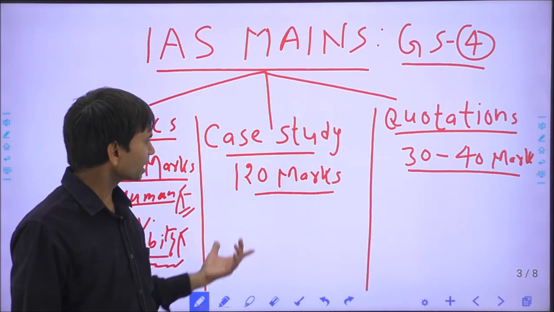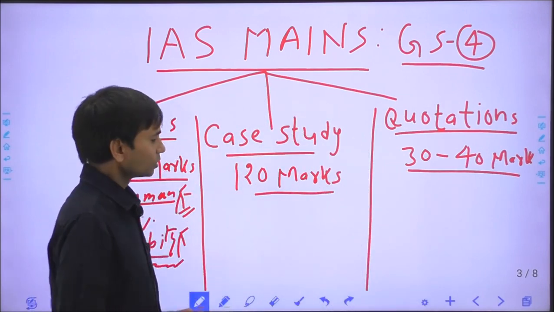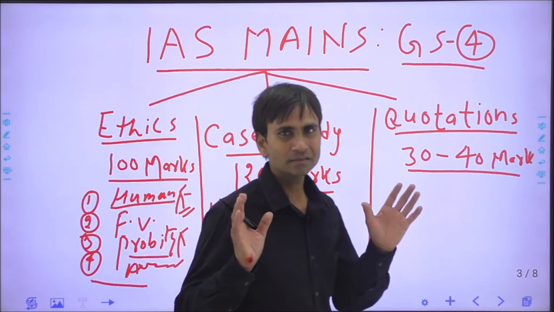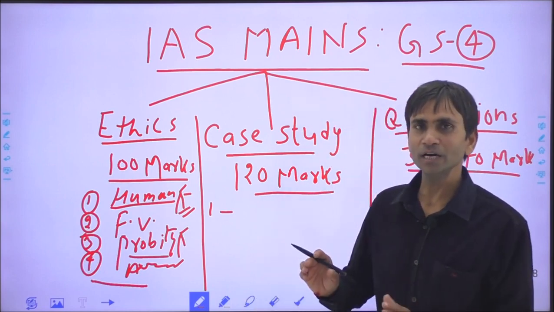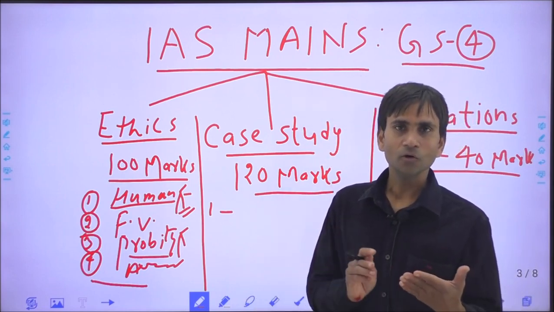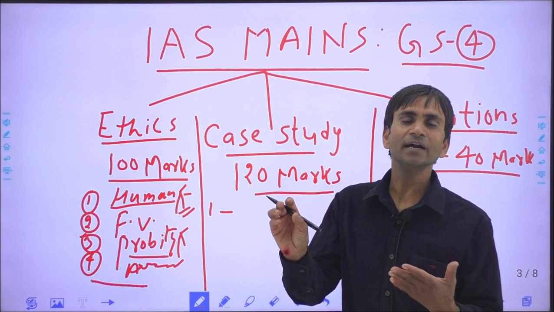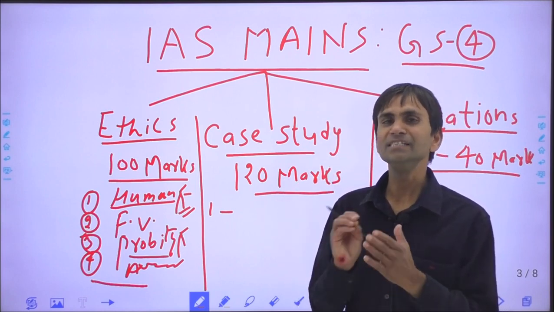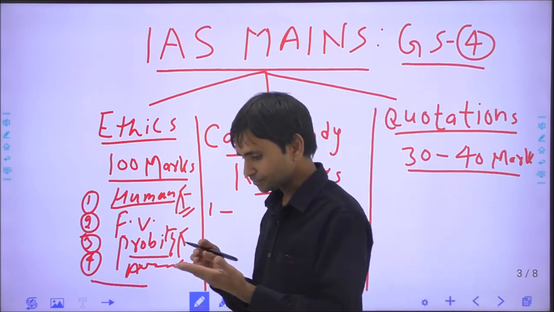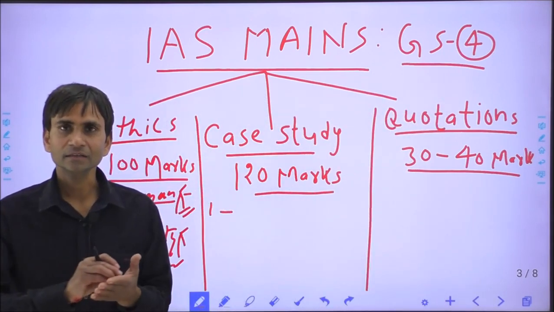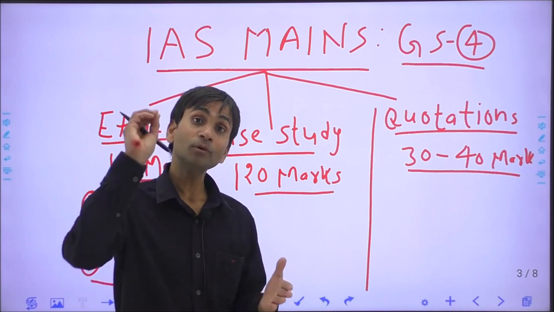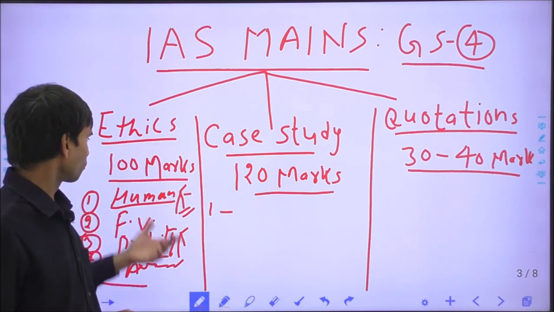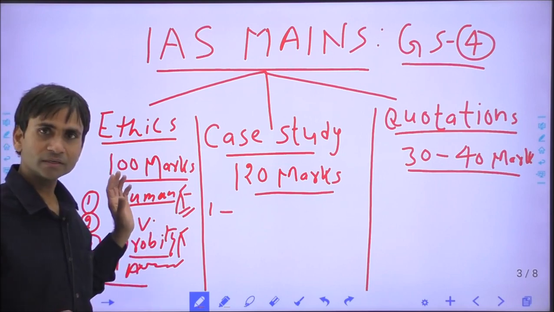When you are solving any case study, first you have to diagnose the matter or incident. Generally in the question paper, a paragraph or incident of 200 or more words is mentioned, and after analyzing this incident, first you have to diagnose what kind of ethical issues it is related to.